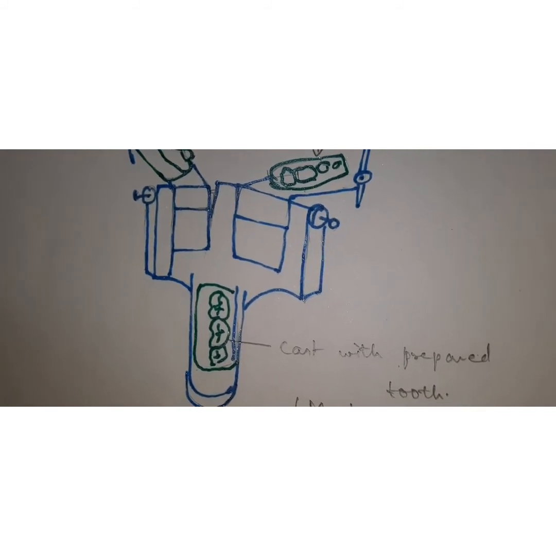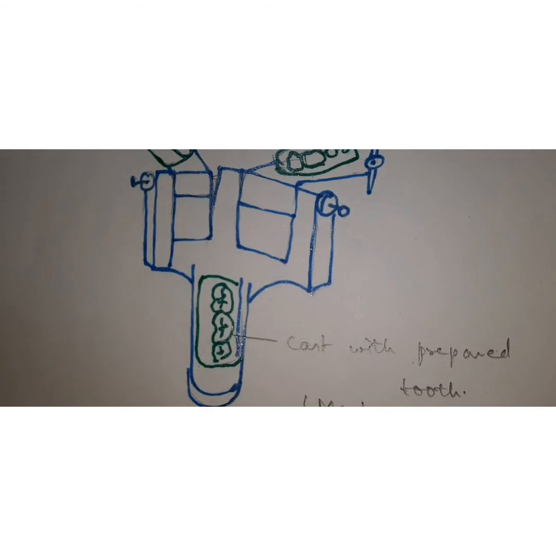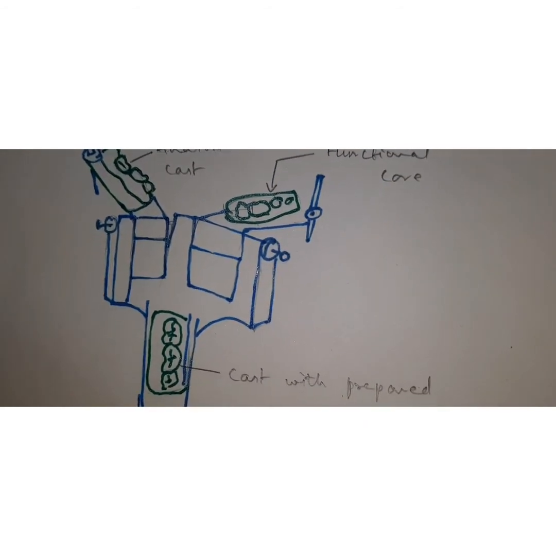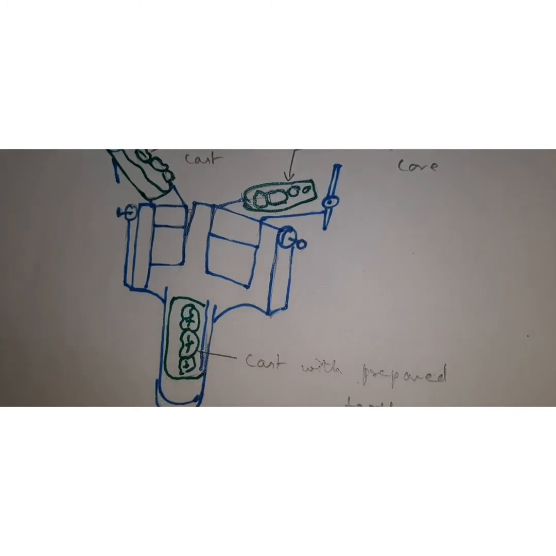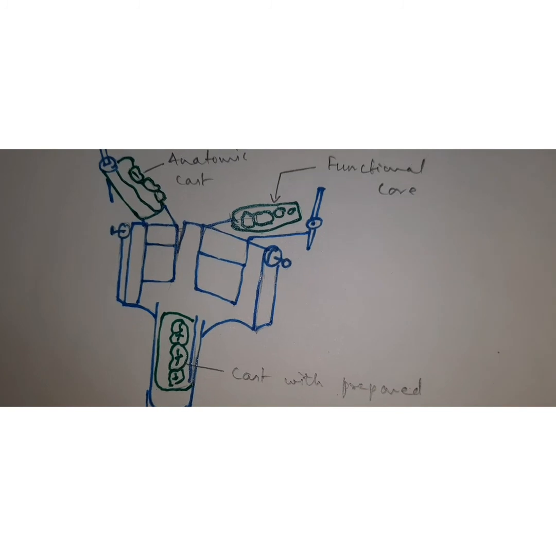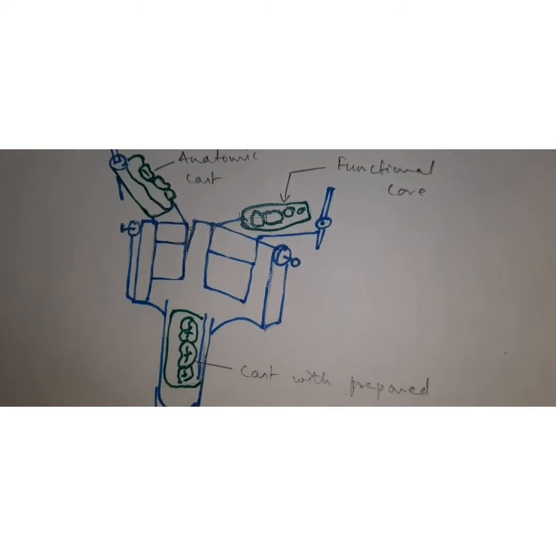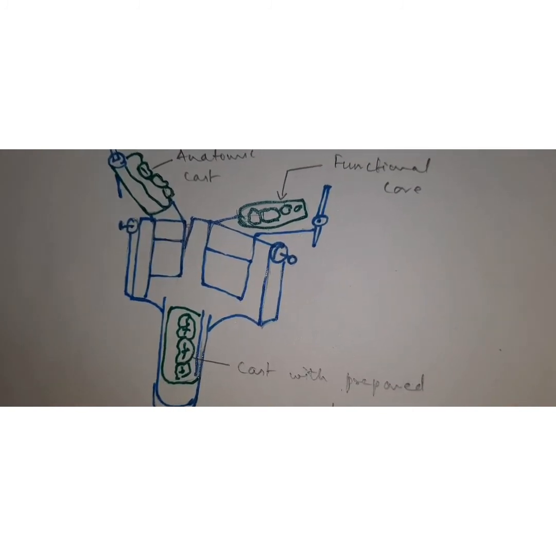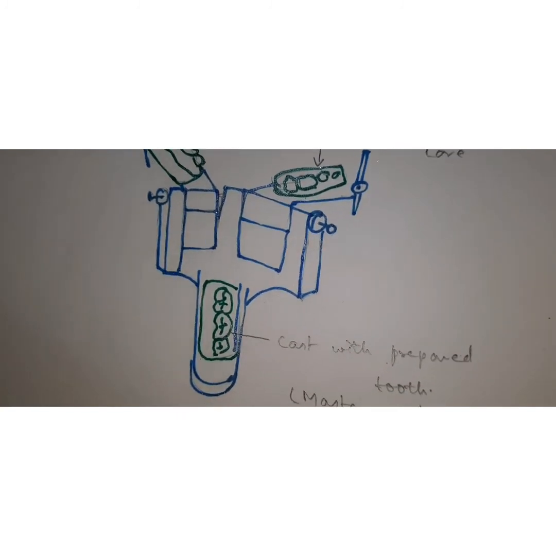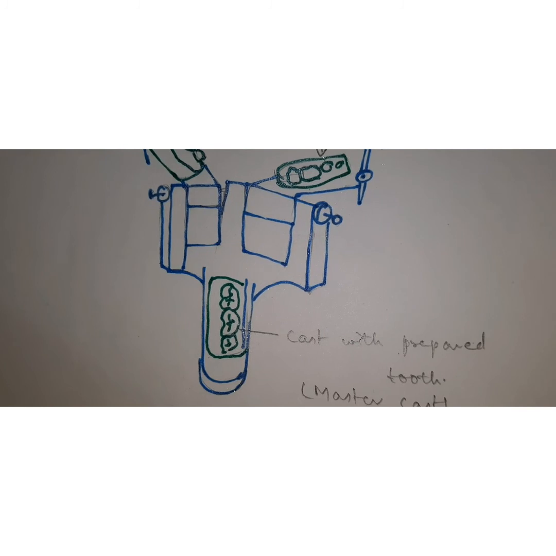You are going to seat the crown back onto the sectioned master cast, and again check it with the functional core. So you occlude the functional core and the sectioned master cast and use articulating paper. Any interference between the two, you remove and rectify, and then your cast restoration with functionally generated pathway is ready.